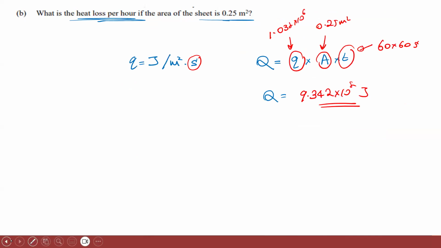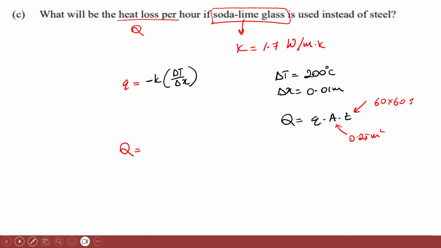It was 9.342 times 10 to the 8 joules. Did you get it or not? Yeah. The area is the same, yes, 0.25 meters squared.